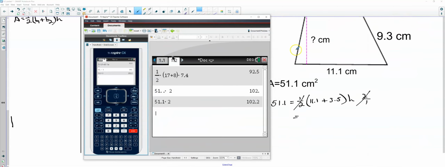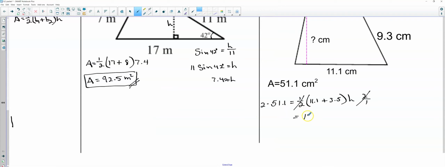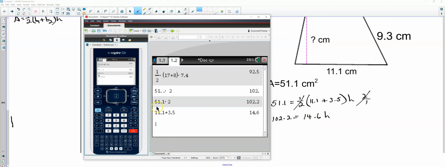And let's solve this one. 11.1 plus 3.5. Enter. Is 14.6. So we have 14.6 H, and on this side we have 102.2. Okay, so now we divide by 14.6. So 102.2 divided by 14.6.